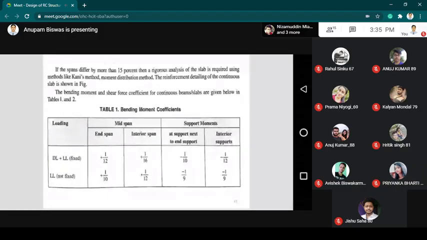Whereas for support moments, the support next to the end support is minus 1 by 9, and for interior supports, these are the bending moment coefficient values for different criteria and different positions of the slab.